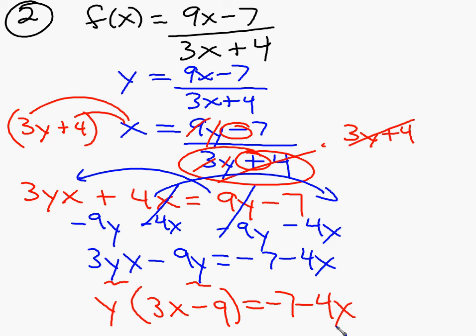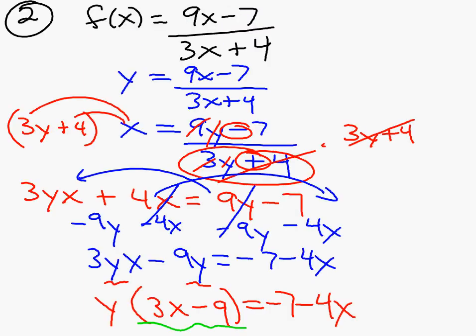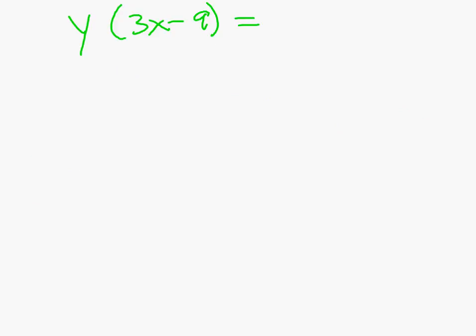And that is a very important step, because now we just have one step left. To get y by itself, what's my last step? I need to divide by this entire quantity right here. So I have y times the quantity (3x minus 9) equals negative 7 minus 4x.